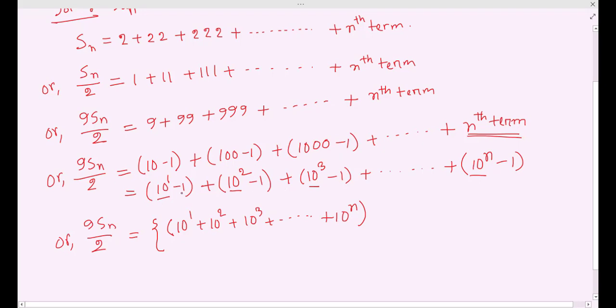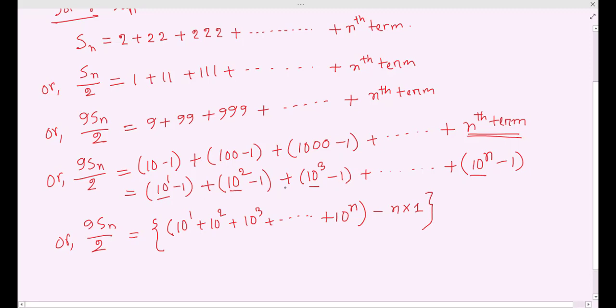And for n terms we will get minus 1 here, minus 1 here, minus 1 here. So we will get minus n number of 1s, or we can say just minus n into 1, because from here we will get 1, here we will get 1, here we will get 1.